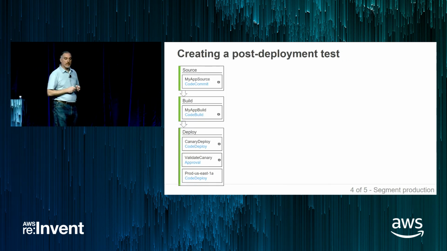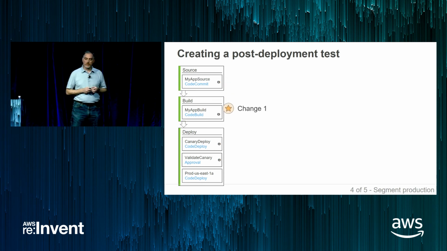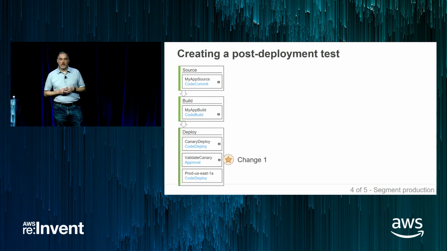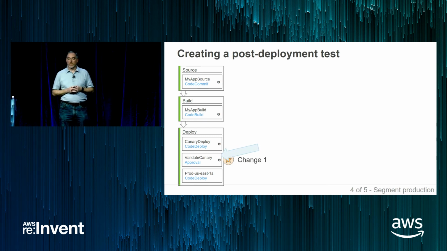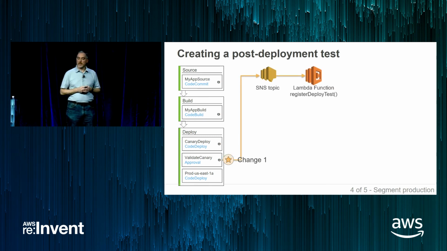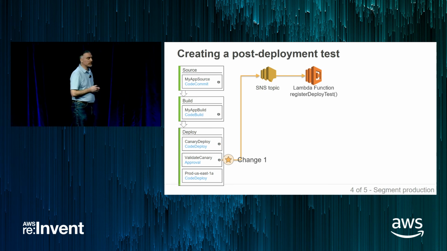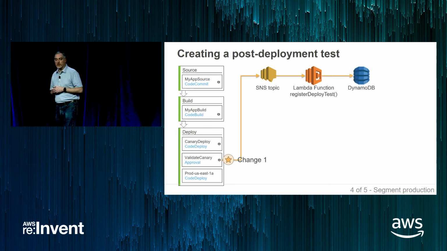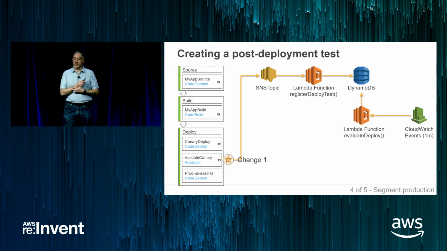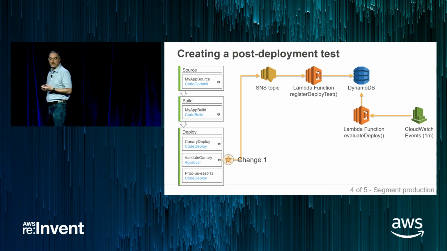So let's look at that end-to-end flow now of performing the test. When a change enters our pipeline, it reaches the approval action, and it sends a message on the SNS topic to our Lambda function. The Lambda function will then store the message in a DynamoDB table, and then we have a second Lambda function that will read that segment deployment approval data from DynamoDB.